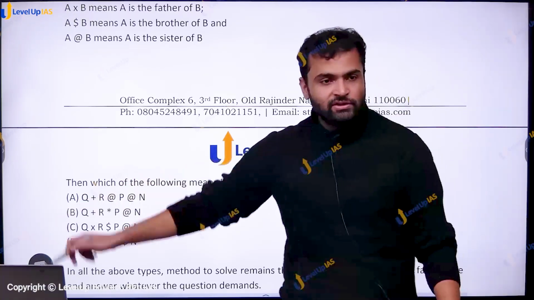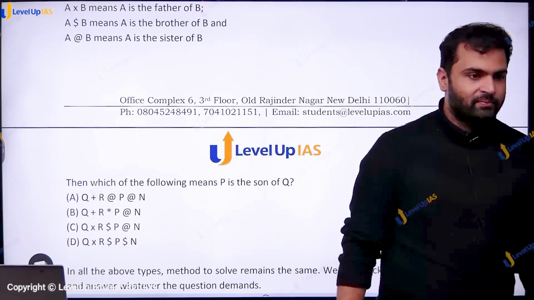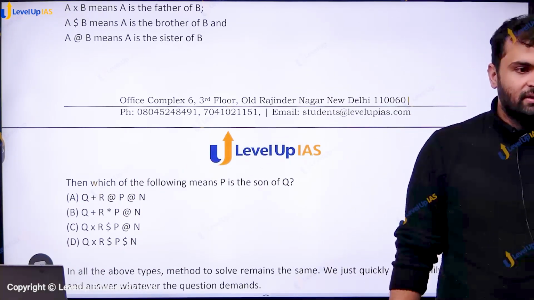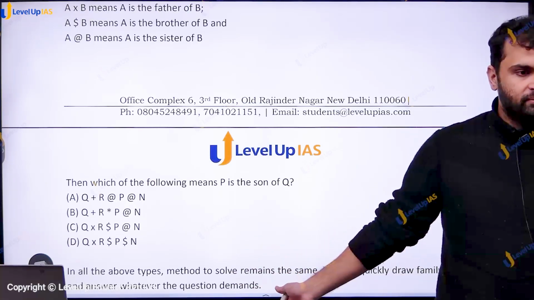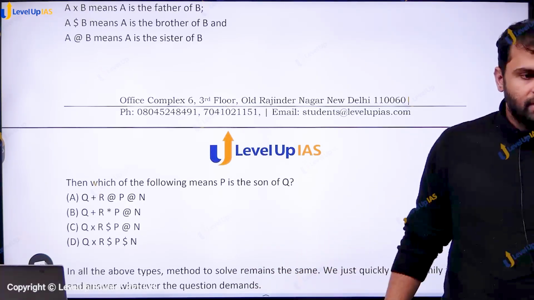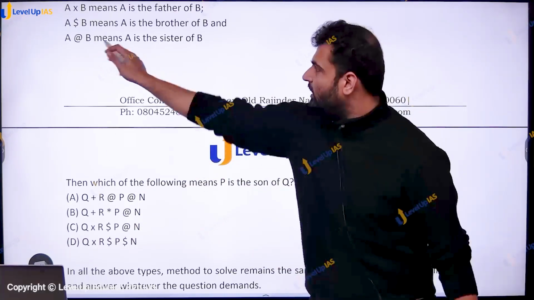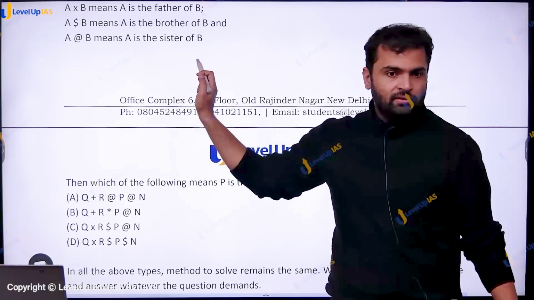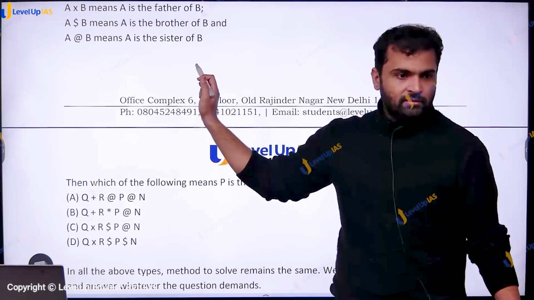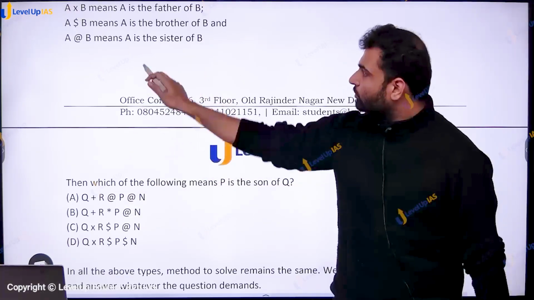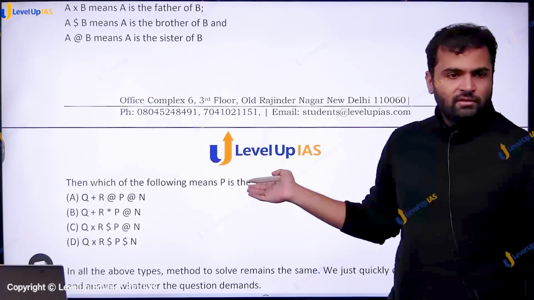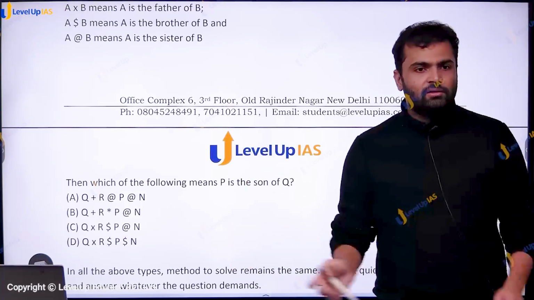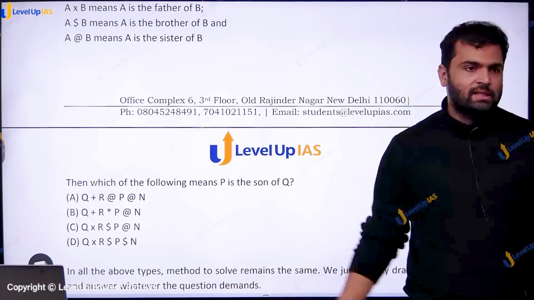So you can cut the first three options. Answer would be D. No need to find out more. Because P at N means P is sister of N, a sister cannot be son. So you can simply eliminate those options and get the answer.